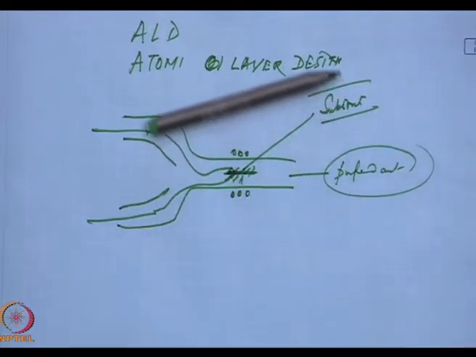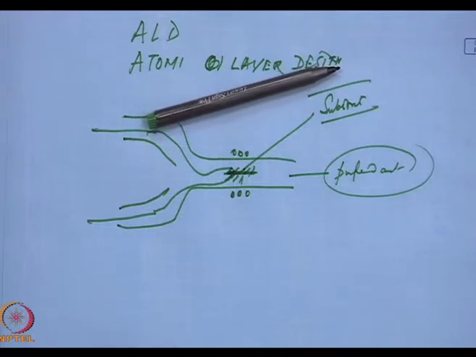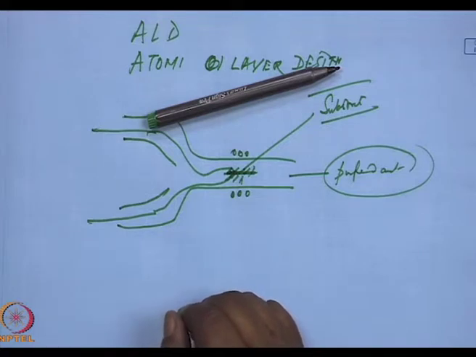Now, ALD, atomic layer depositing this by plasma enhanced chemical vapor deposition is very difficult, because when I am talking of atomic layer deposition, it means I want to deposit the atoms atom by atom.